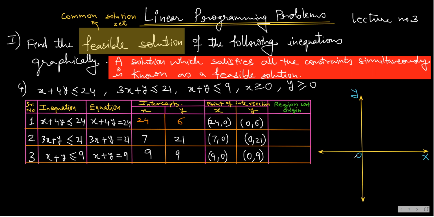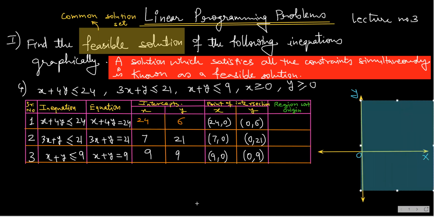Here you have the origin. Once you say that x is greater than or equal to 0, you understand that everything is going to be on the right side of the y-axis.